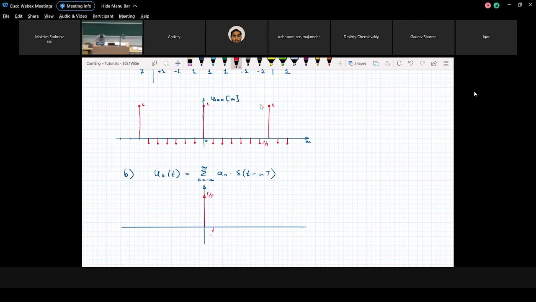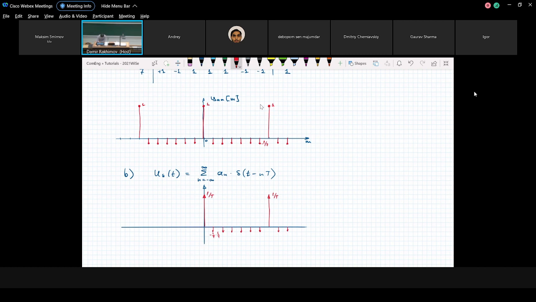Times 1/T. And instead of discrete pulses, we place delta pulses, everywhere we place pulses, going to plus infinity.